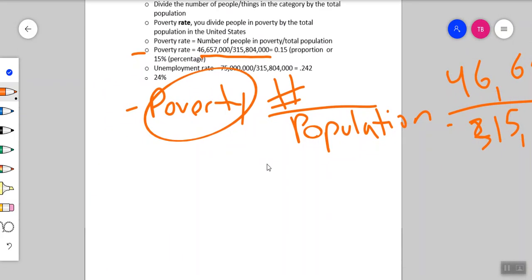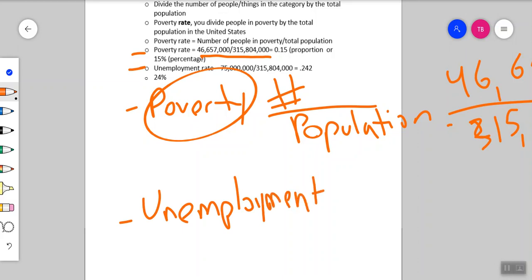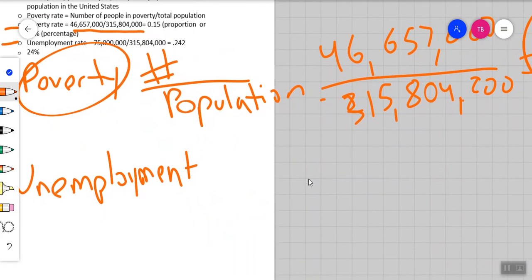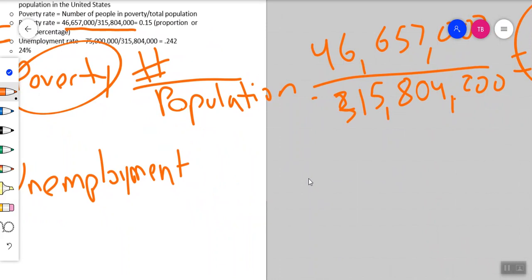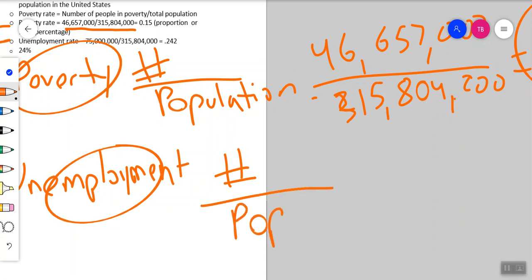You do the same thing with unemployment rate. Let's take this one up here. So if you were a politician interested in looking at unemployment, and you wanted to talk about a new policy, you might want to describe unemployment as a rate. So in this case, as with any rate, you take the number of people with this characteristic divided by the total population.